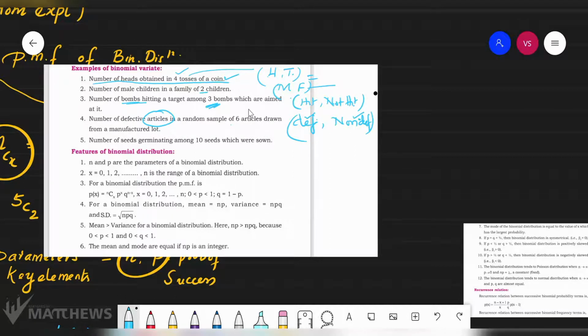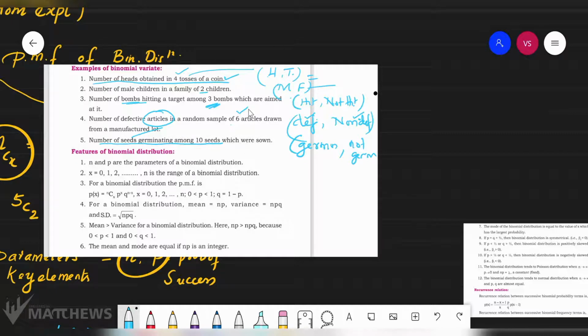6 articles, students. Now the next example here, number of seeds germinating among 10 seeds. A seed, when it is planted, has 2 outcomes. Either it opens up and germinates, or it may not germinate, or it may die. It may grow up and become a plant, or you may not see any plant, that means the seed has not given any growth.